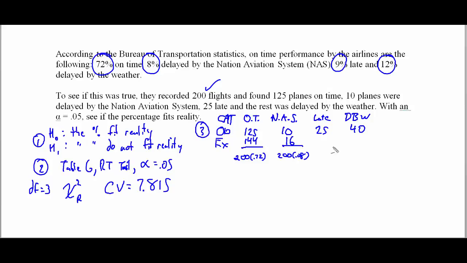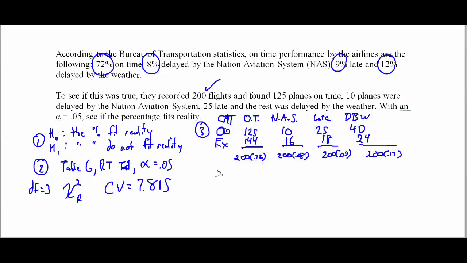These aren't too far apart, but I still need to run this test to make sure. Next is 200 times 0.09, which gives me 18. Again, not too much. And this last one is 200 times 0.12, which gives me 24 for delayed by weather, but in fact it was 40.